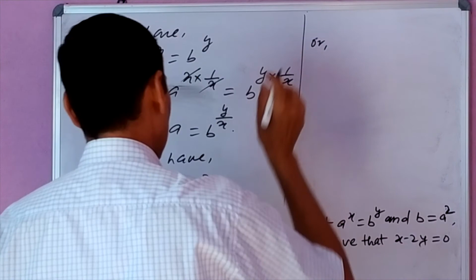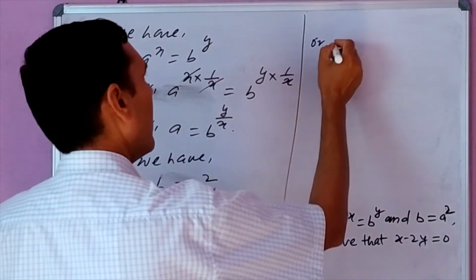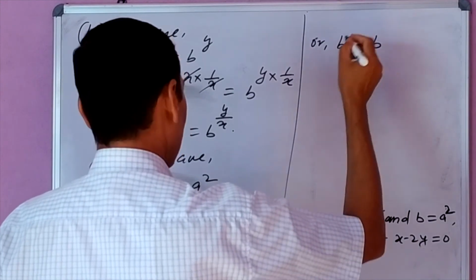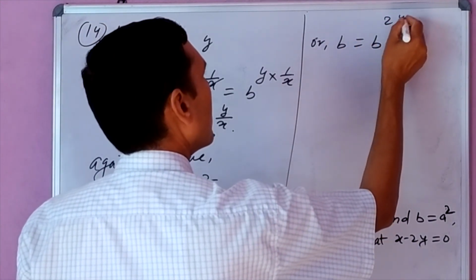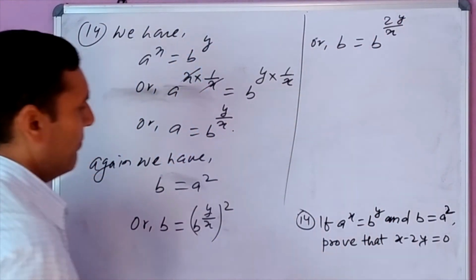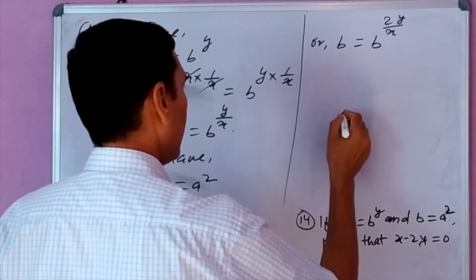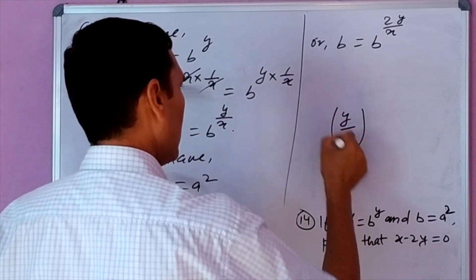We know that the powers are multiplied together, so b is equal to b to the power 2y upon x. Because this is not squared like this. This is not y upon x whole square.